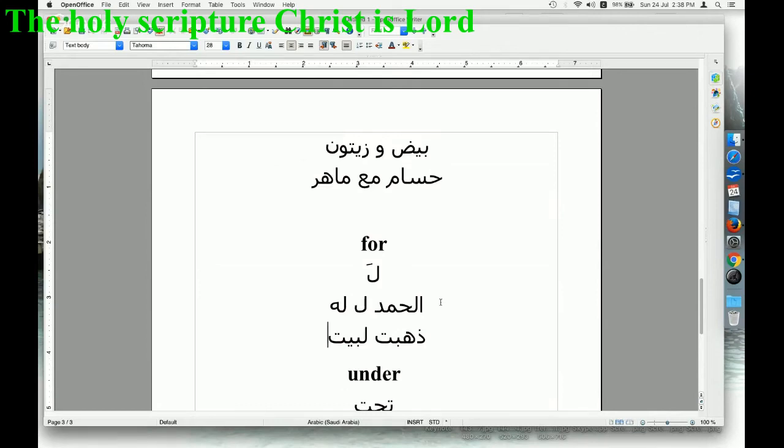Bait is the original word. So I say ذهبت لبيت, which means I went to a house of etc. So I went to this house, and I can add like لبيتي حسام.